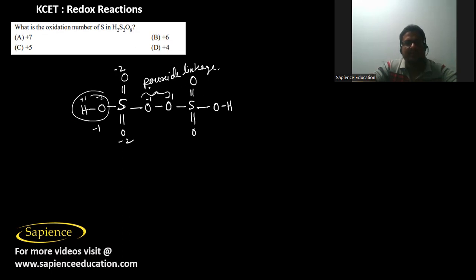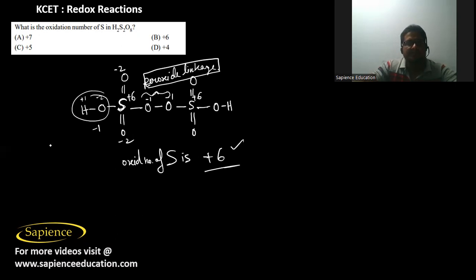So the charge for sulfur should be 2 plus 2, 4, 4 plus 2, 6. So it is in the +6 oxidation state. Here also it is in the +6 oxidation state. So the oxidation number of sulfur is +6. So option B is the correct answer.